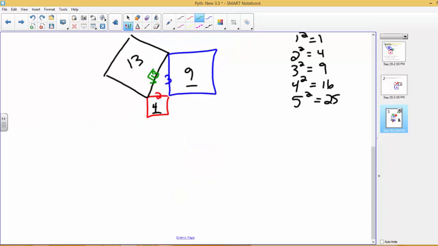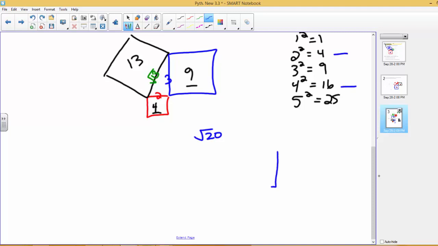And then just take a moment and see if you can draw the square root of 20. Just on the side. Go ahead and pause. So the two squares that give you 20 are 16 and 4.